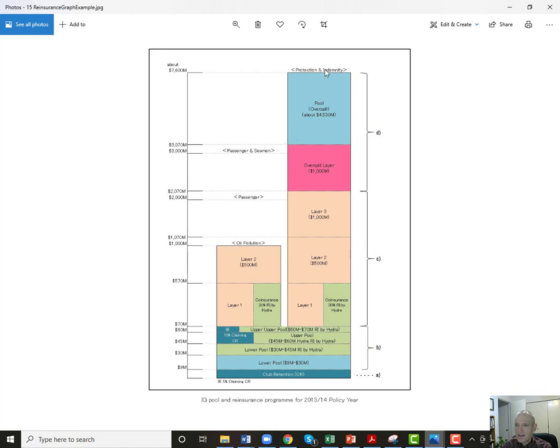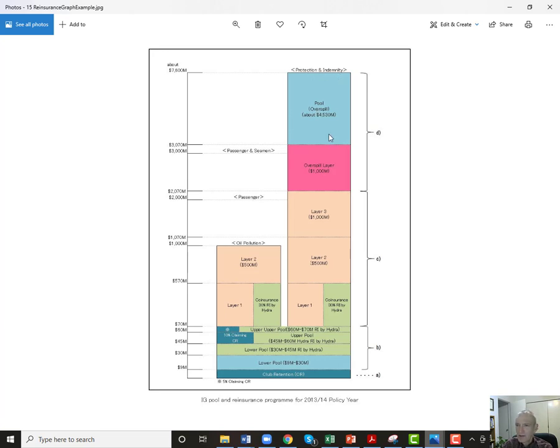And here you see they have oil pollution, and they have protection and indemnity. So two different risks. Their maximum oil pollution is $1 billion. That might mean that anything over $1 billion they're totally paying for, or it might just mean $1 billion is the most they're ever on the hook for. Who knows exactly how that's structured.